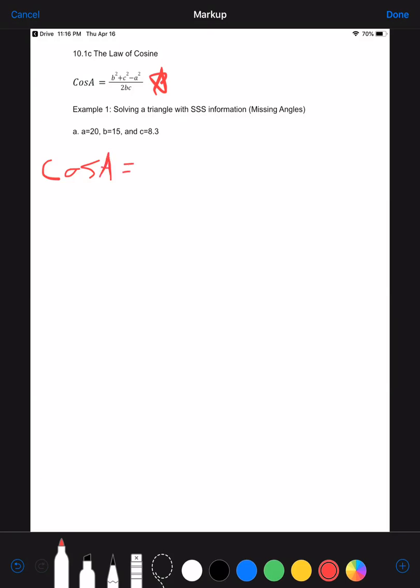So whenever you do this, we're looking for angle A, right? So we're not going to use side A until we subtract. So we're going to do B first, so B squared minus our C squared, minus, and then our A squared, okay?